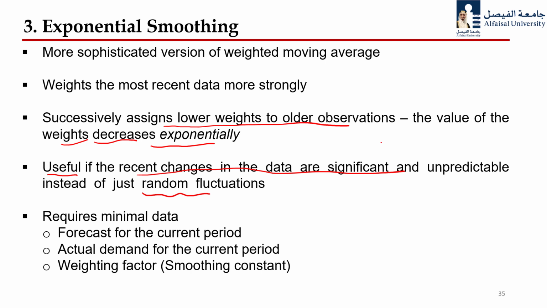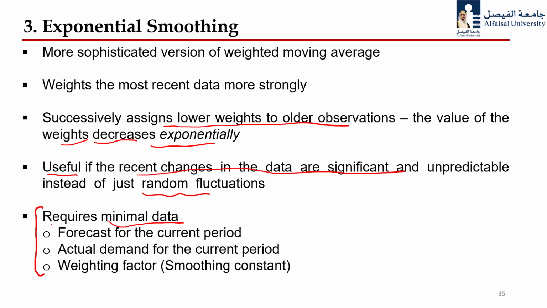If the recent changes are significant and unpredictable, the exponential smoothing method is quite a good method. Another good thing about it is that it requires a minimum data set to predict the future value. So only three things we need.